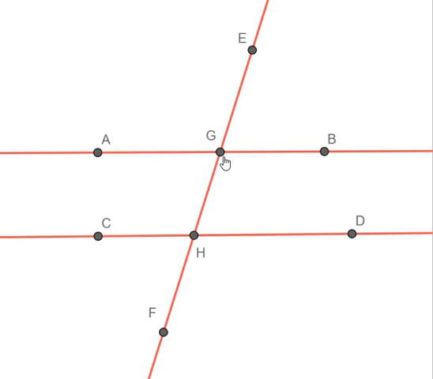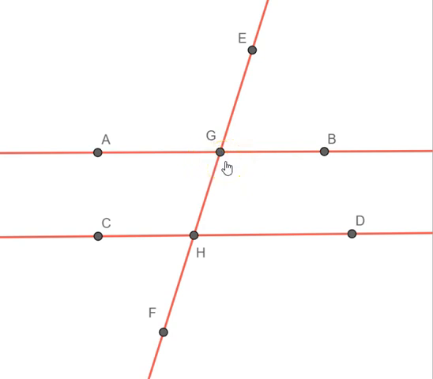To the inequality, we will add angle HGB, this angle, to both the sides of the inequality. So what do we end up with? We end up with AGH plus HGB is greater than DHG plus HGB. Now we know AGH plus HGB, they are on the same line, adjacent angles.